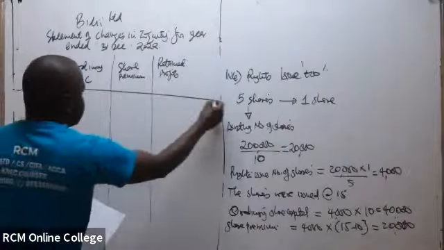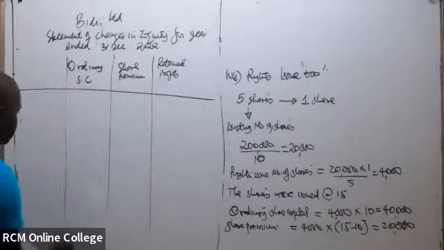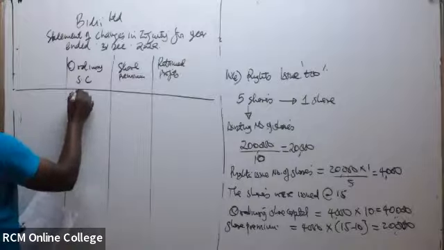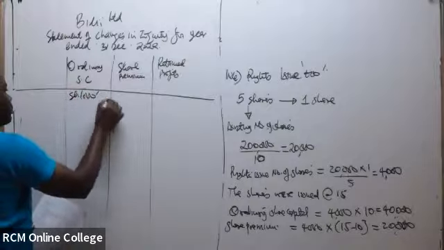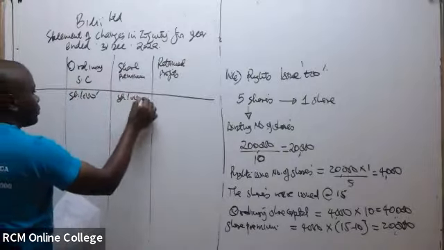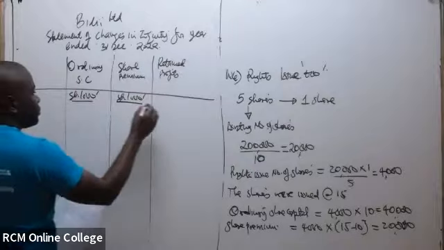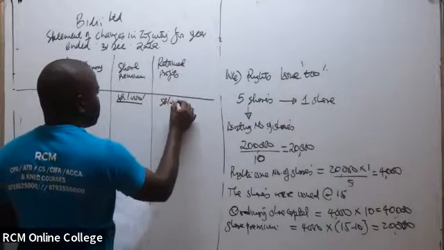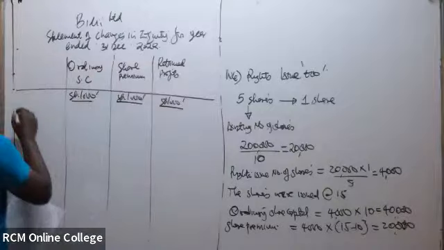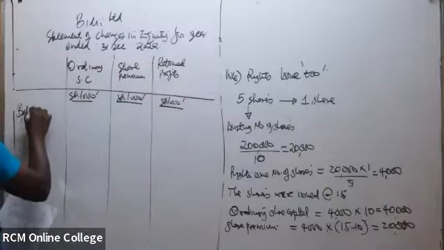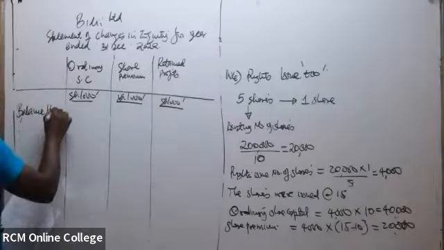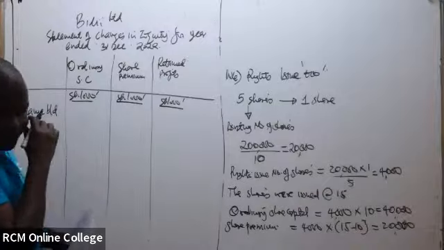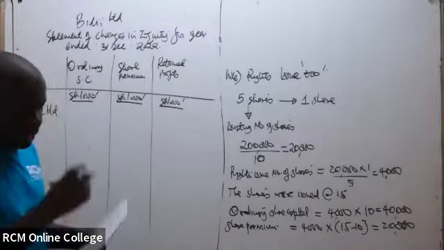Of course, we can do that. Our shillings are actually in thousands. So you have the balance brought down as per the trial balance.